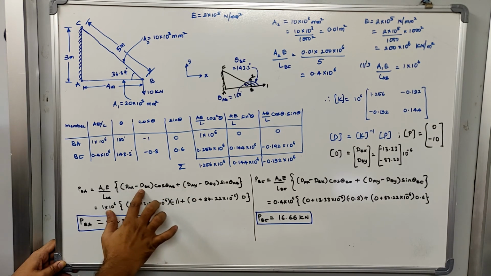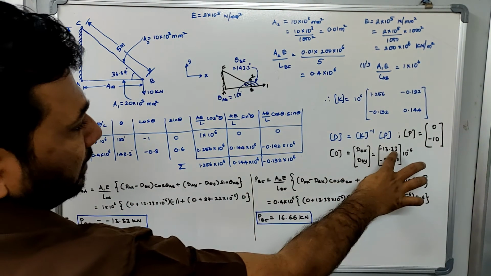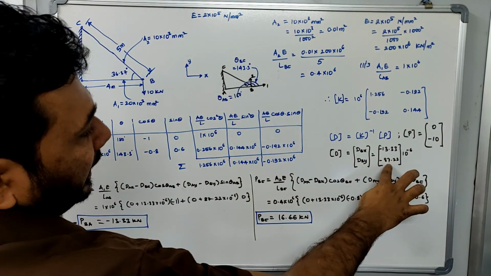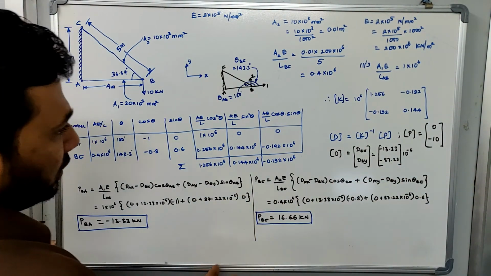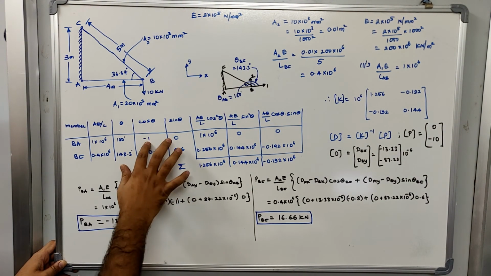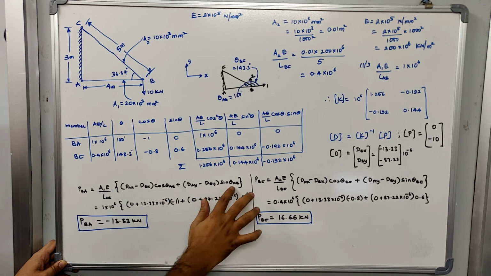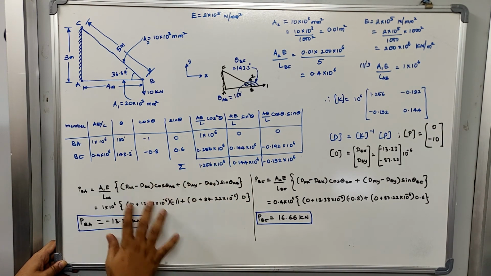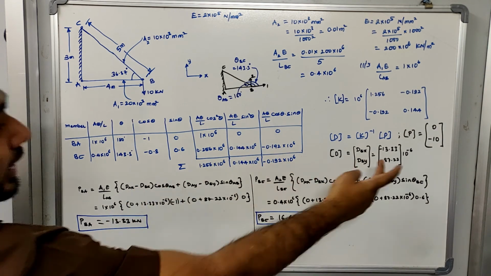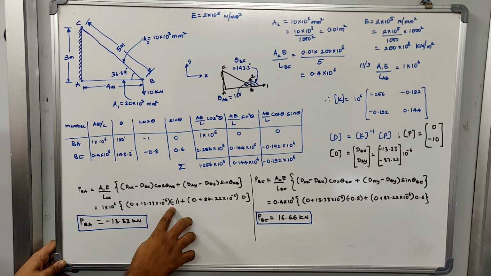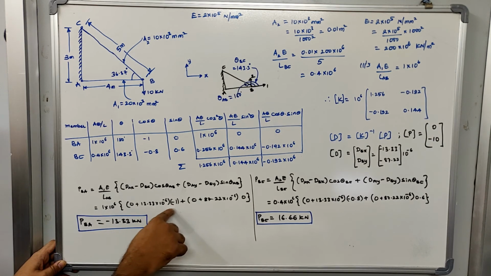Now let us look at dBx. What is dBx? Minus 13.33. How much is dBy? Minus 87.22 into 10 raised to minus 6. So we know how much is cos of theta AB. Cos of theta AB is 1 and sin of theta AB is 0. Let us substitute all those values. So minus of minus 13.33 will give you plus 13.33 into 10 raised to 6, multiplied by minus of 1.